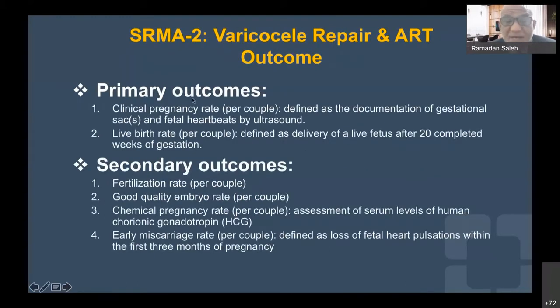The main outcome for the second systematic review is the clinical pregnancy rate. This is estimated per couple, as well as the live birth rate. And additionally, we will go through fertilization rate and embryo quality for these patients who undergo IVF and ICSI. And for the 3 ART procedures, we will also include chemical pregnancy and early miscarriage rates. Next, please.